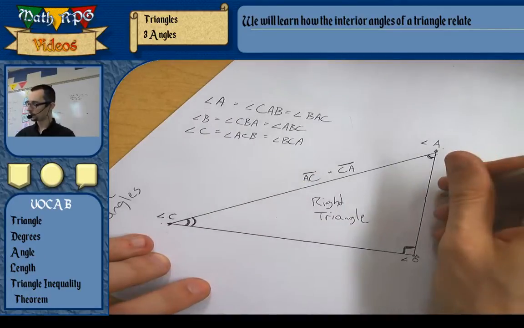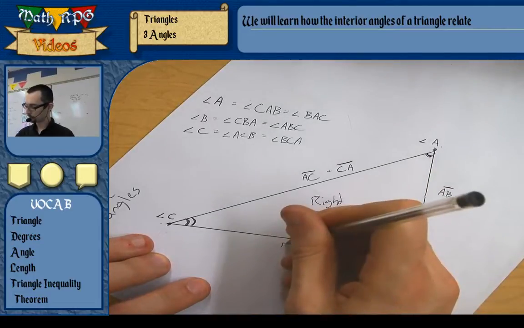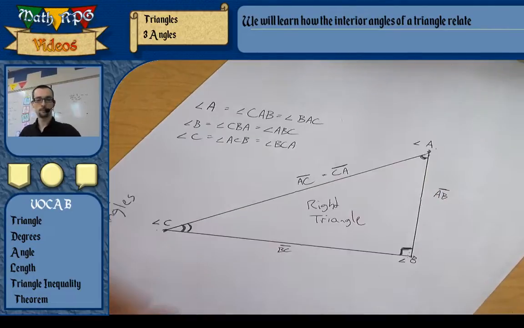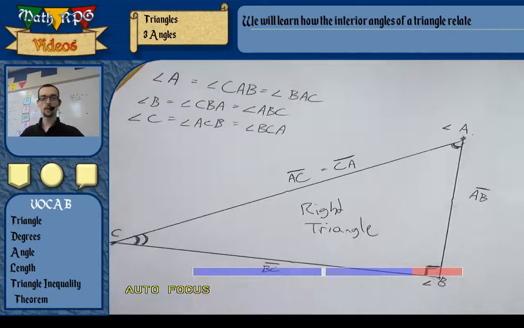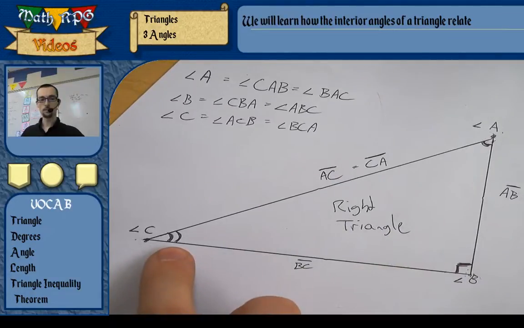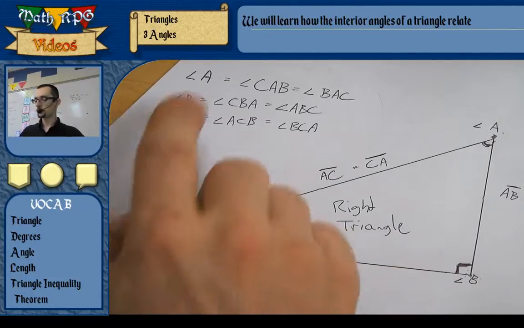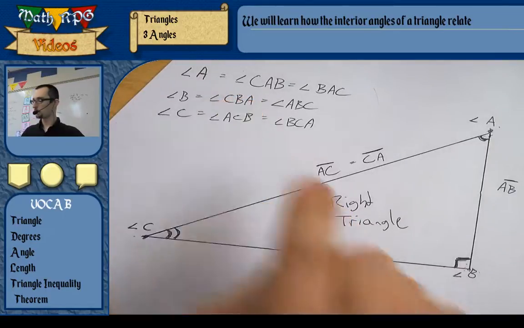This one would be AB, and this one is BC or CB, right? All right, so there's that triangle. This is a right triangle, and this is how we describe the angles, how we mark them, how we write their names, angle A or angle CAB, and how we write the side lengths.